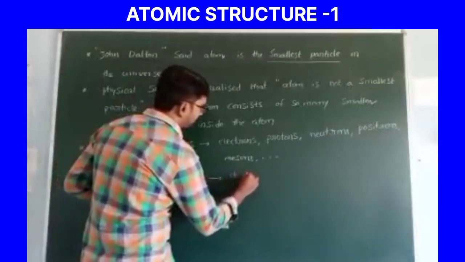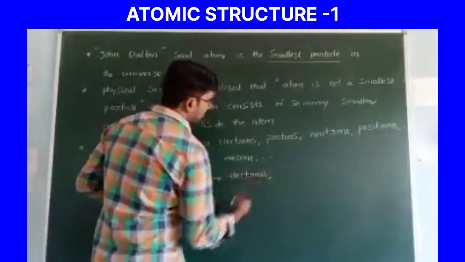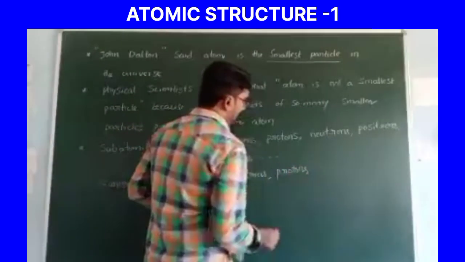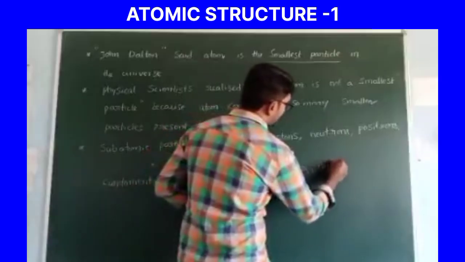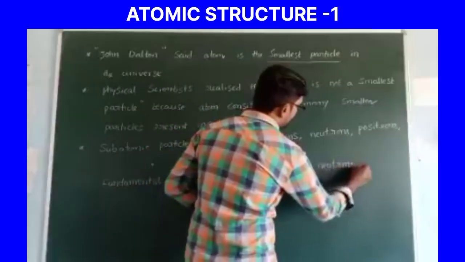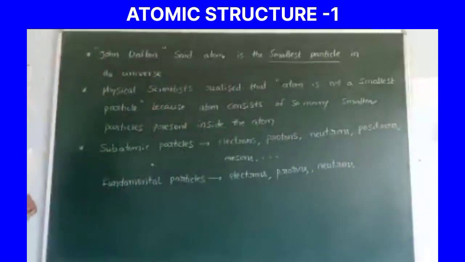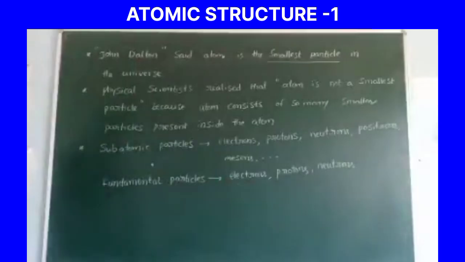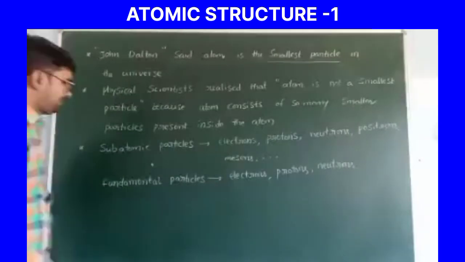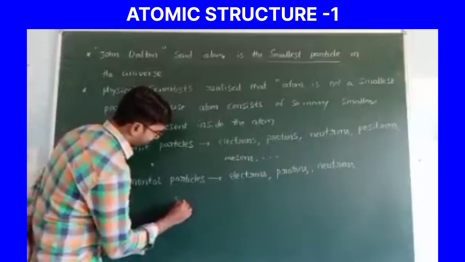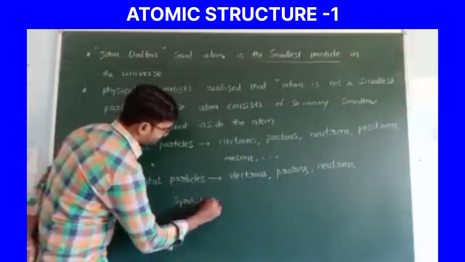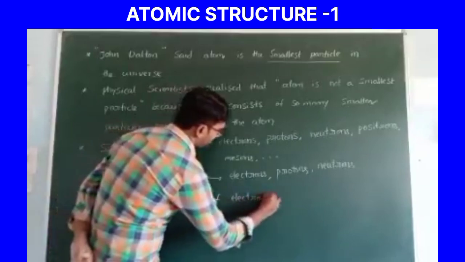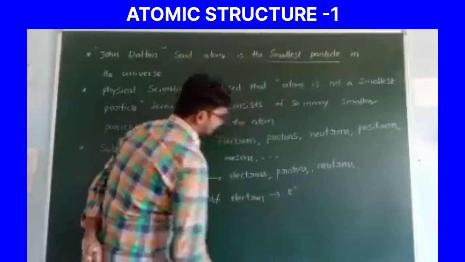So what are those? Very important. Electrons, protons, and neutrons. These three are called fundamental particles. What is the symbol of the electron? E minus.